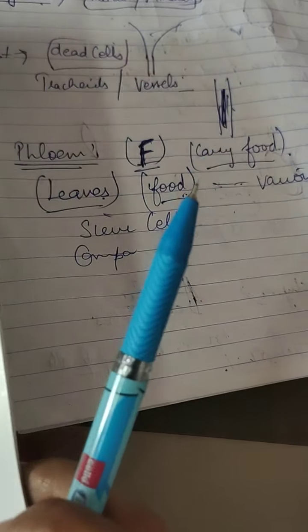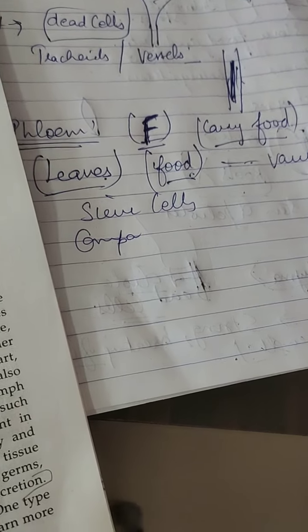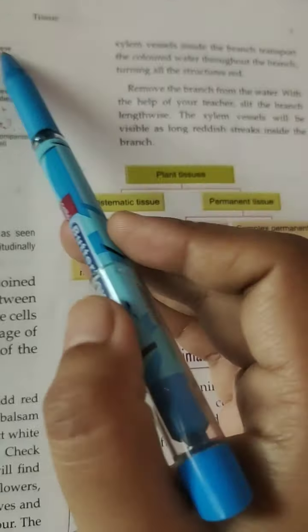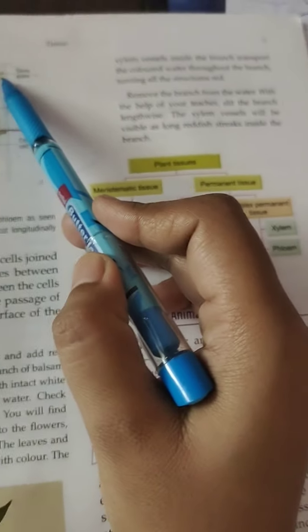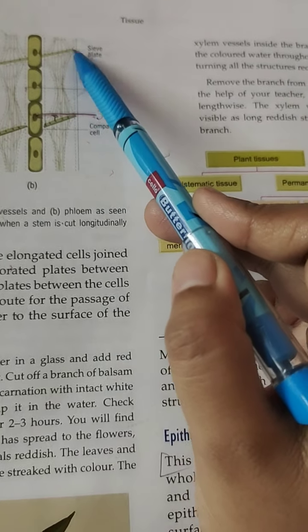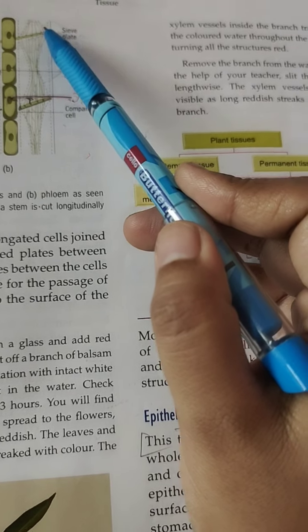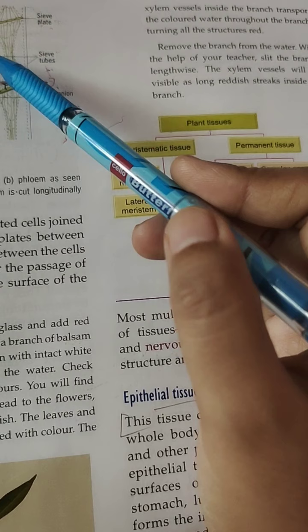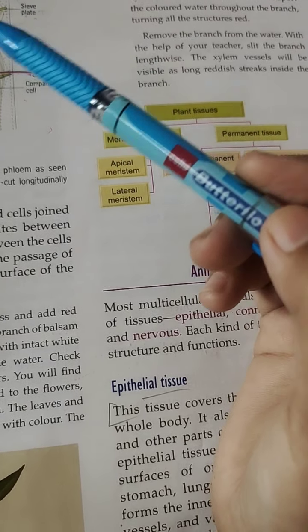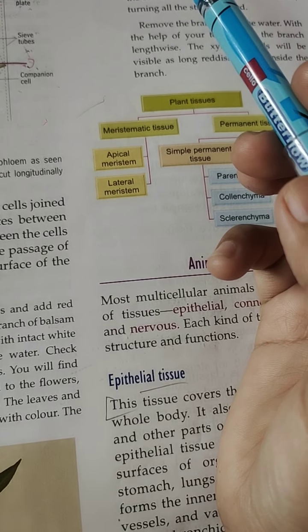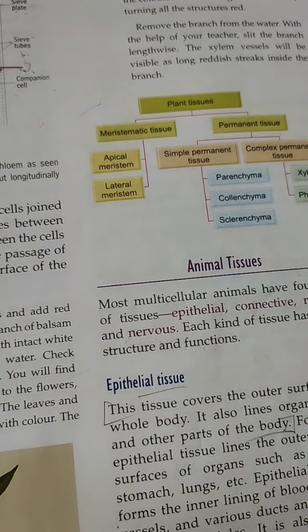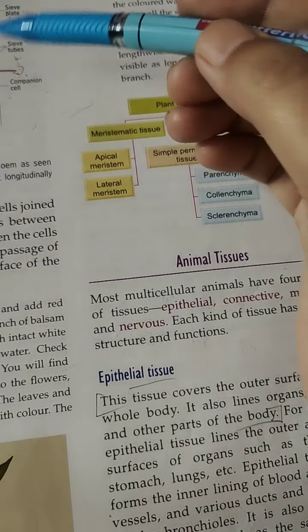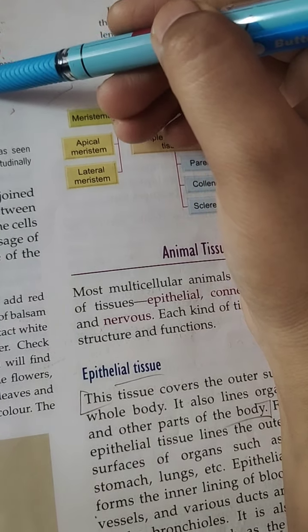So here students, you have to learn the function of sieve cells. As you know, sieve cells are elongated cells. These cells are joined end to end, meaning one end is joined with another, and that is joined with another end, and so on. There is a presence of pores between the cells.